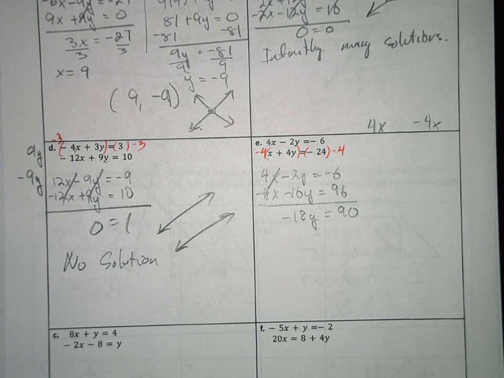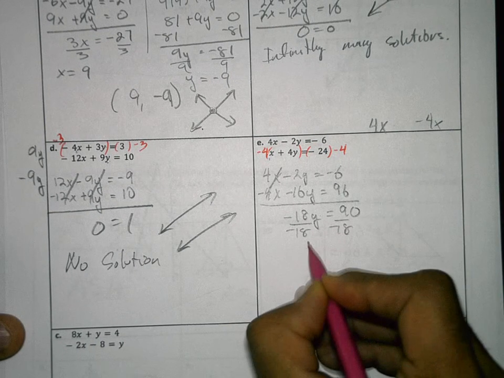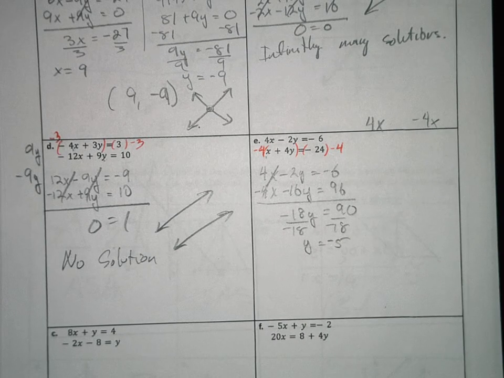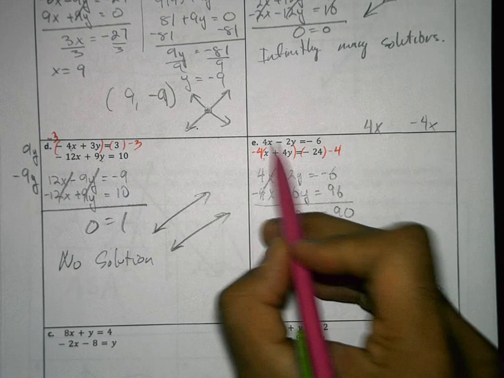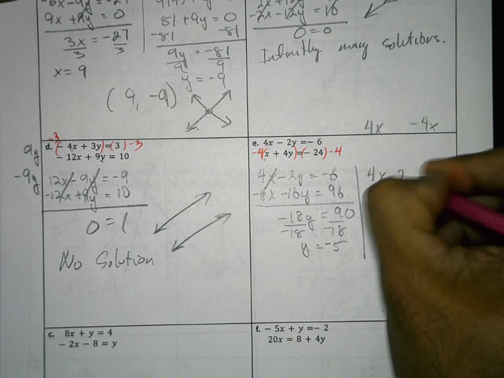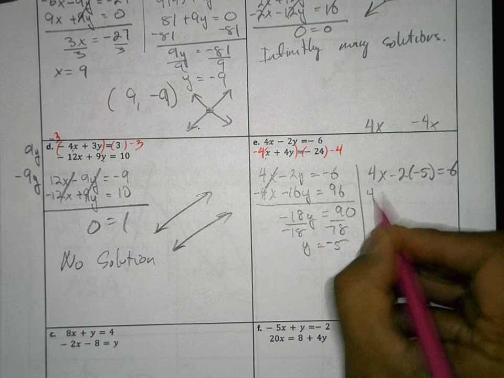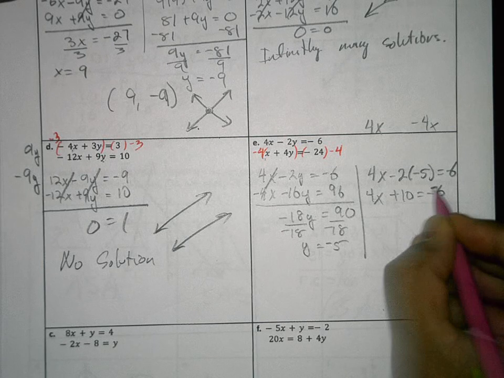Okay. And then we'll divide that out. Watch out for that negative sign. y equals negative 5. Watch out for the negative. So now go back and plug it in. I'll plug into this top one here. So we're looking at 4x minus 2 times negative 5 equals negative 6. 4x plus 10 equals negative 6.